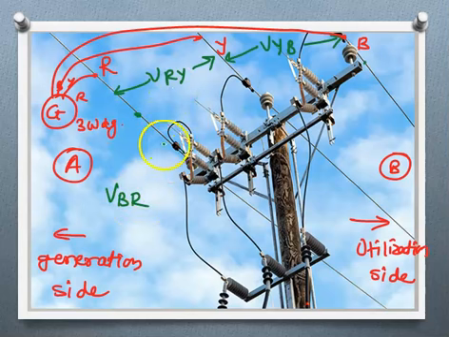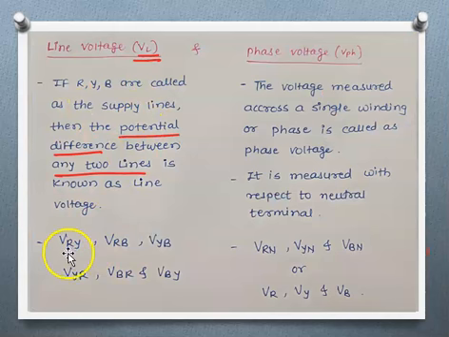These are called line voltages. Examples are VRY, VRB, VYB, similarly VYR, VBR and VBY.